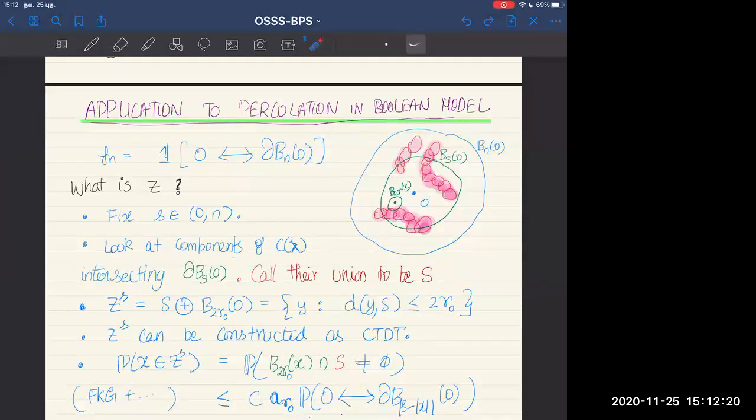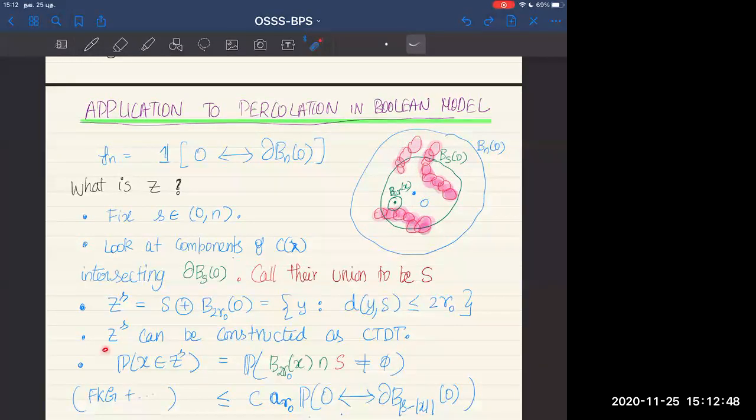And now my ZS is built from S. I blow it up a little, a blown up region around each component. So I have a region like this. This is my ZS. I take each component, blow it up by radius 2r0, and look at this new region.